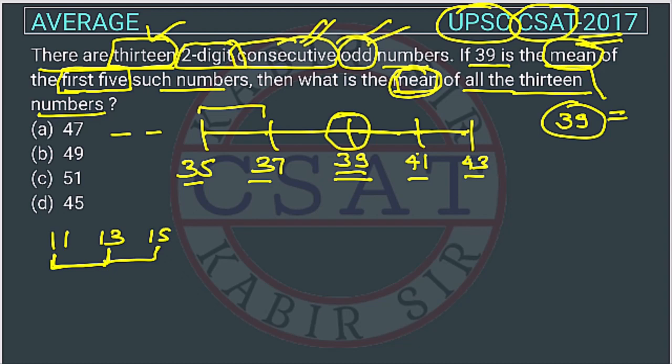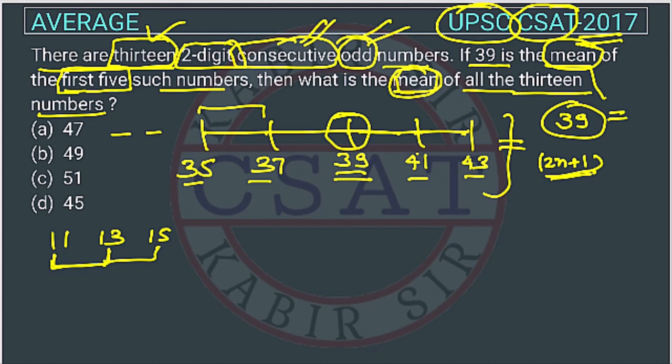You can solve this question by assuming 5 consecutive odd numbers as 2n plus 1, right? But there is no need to do this. Okay, so UPSC is not expecting this from us, right? He is expecting this smartness, right? So now we got the series starting from 35, 37, 39.